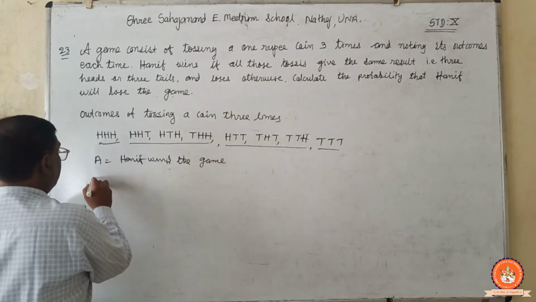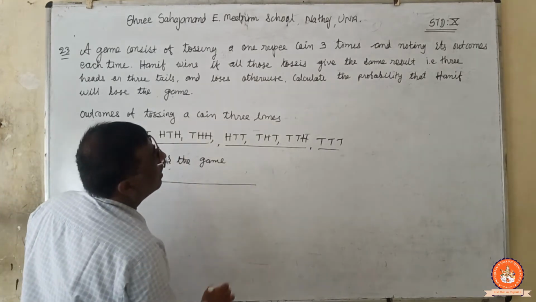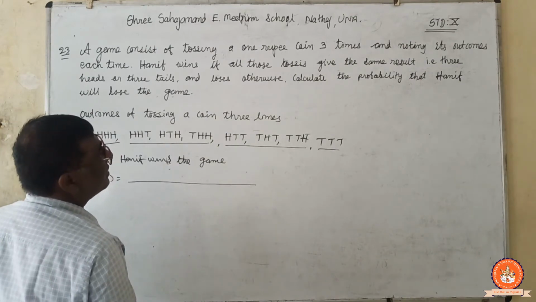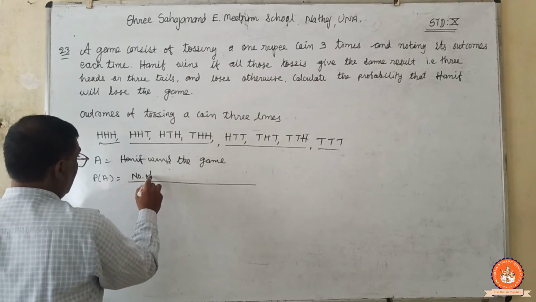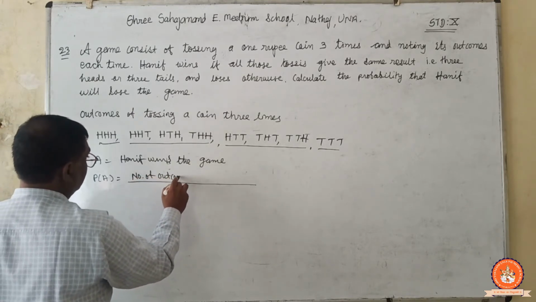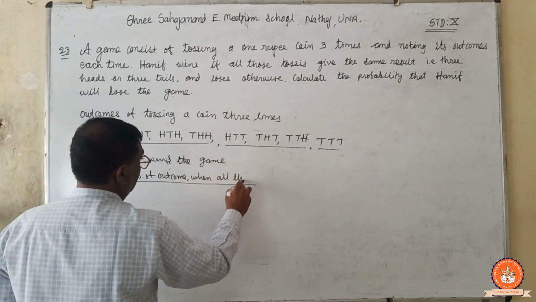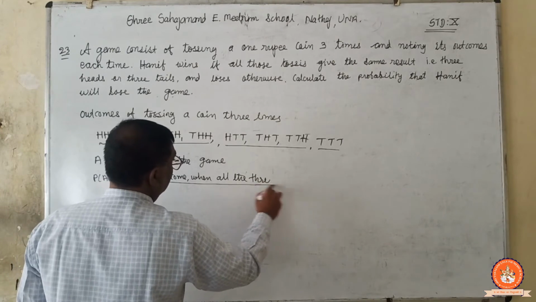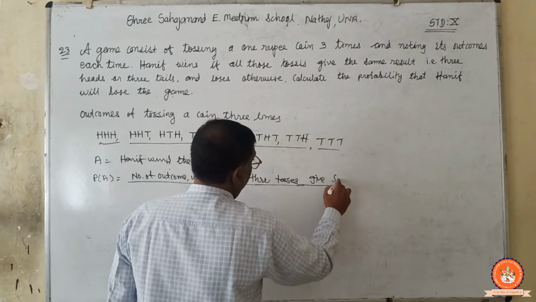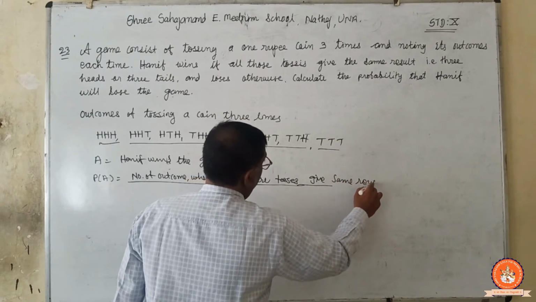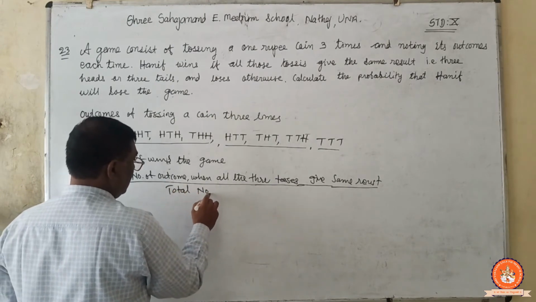Means P of A is equal to the number of outcomes when all the 3 tosses give the same result, and the total number of outcomes.